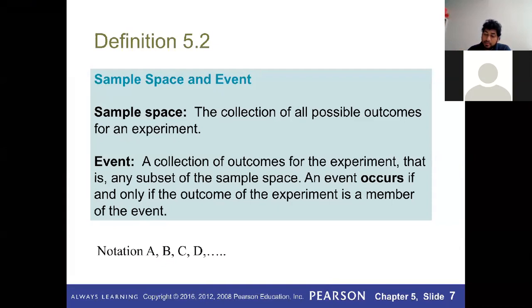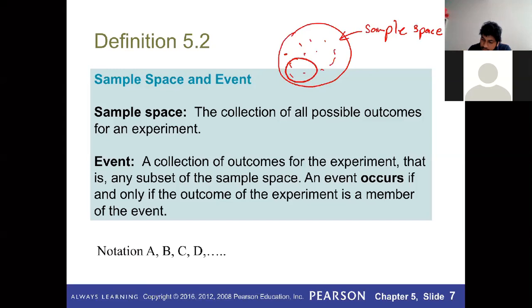So the sample space consists of all possible outcomes in our experiment. This we call the sample space. Okay, so an event means a collection of outcomes of the experiment, which means a subset of this sample space. This we call an event.